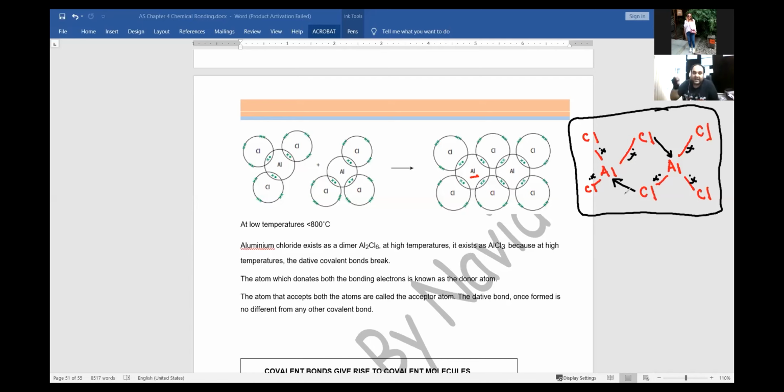Another thing: in hydrogen bonding, there is not a complete transfer of electrons. There, another molecule is donating electrons to one of the molecules. Here they are intertwined, they're sharing electrons.